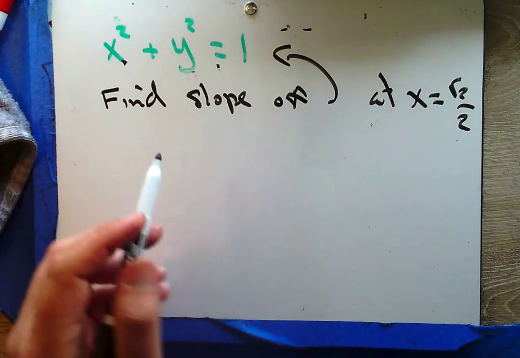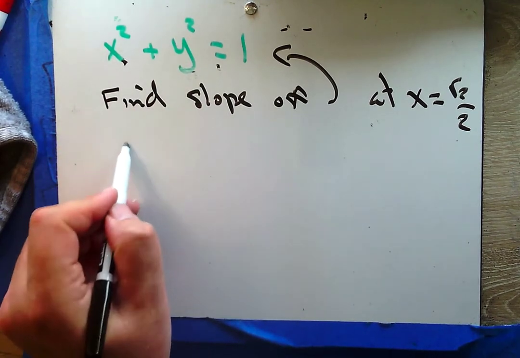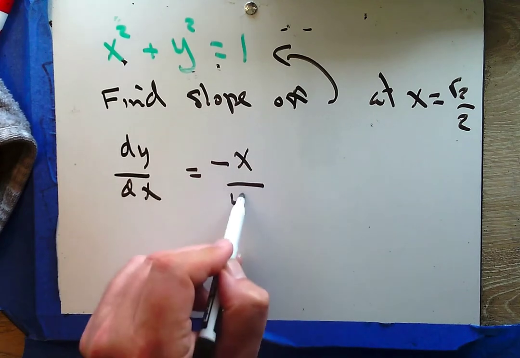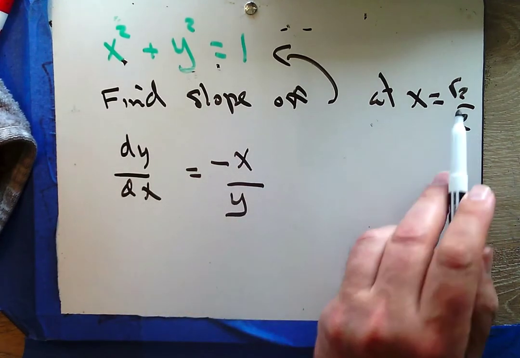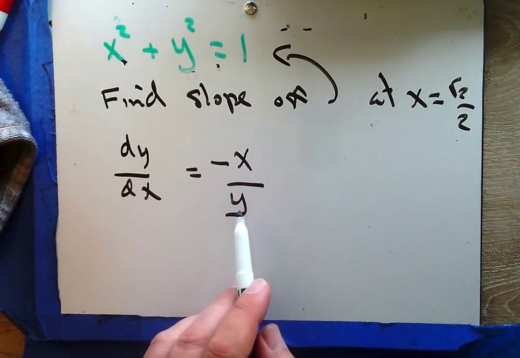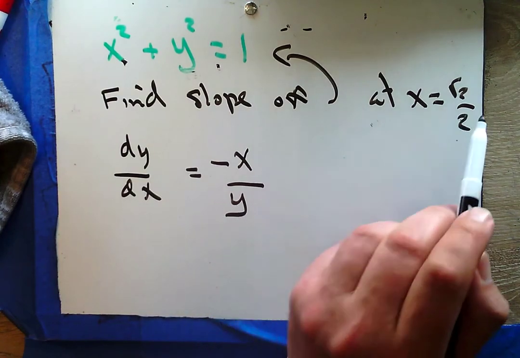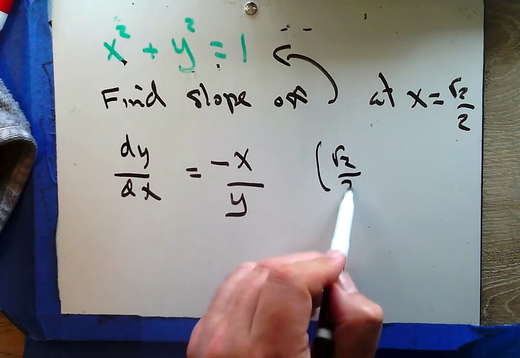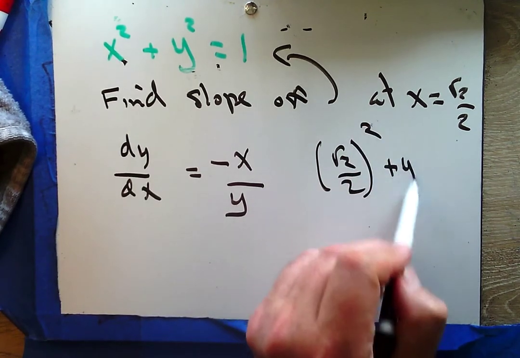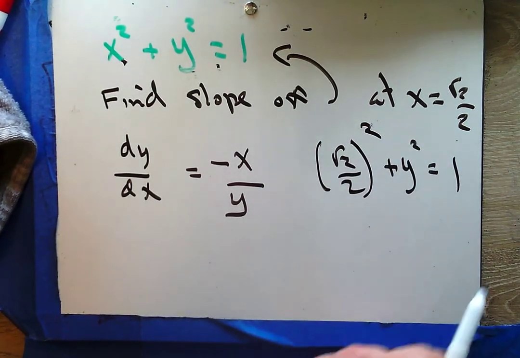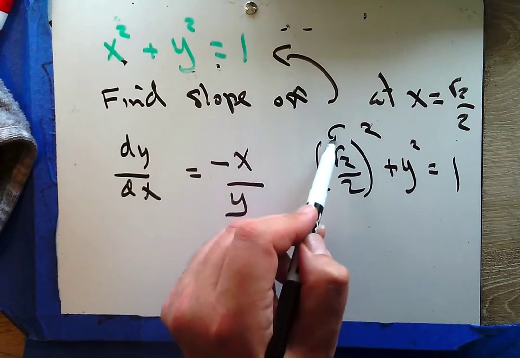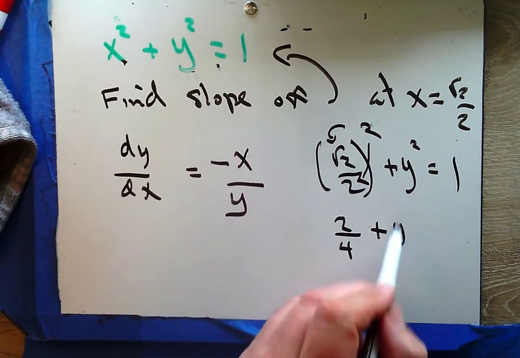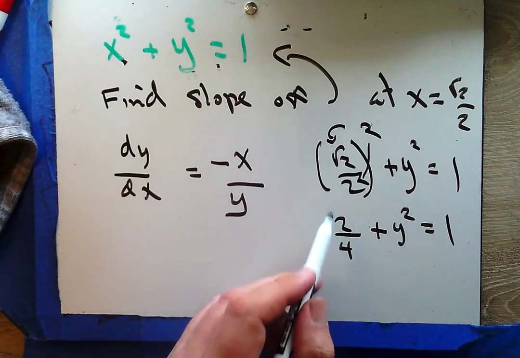Okay, welcome back. So we said that the derivative here was negative x over y. And I can plug this in for x, but I need to find the y value there. So I think I'm going to plug this back in here and have root 2 over 2 squared plus y squared equals 1. Well, when I square top and bottom, I have 2 over 4, which is 1/2.